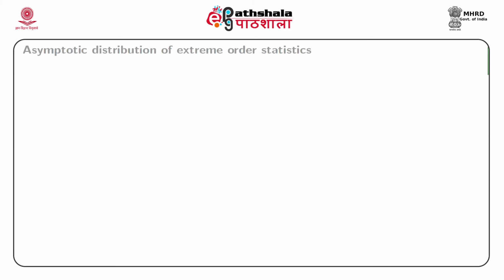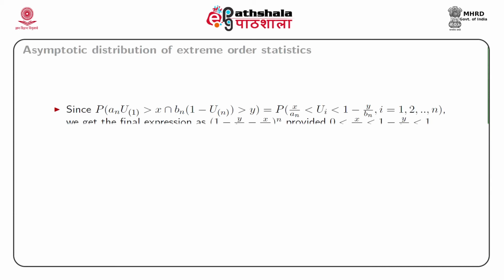Since this joint probability implies all observations are between x by an and 1 minus y by bn, we get the final expression as 1 minus y by bn minus x by an whole to the power n.